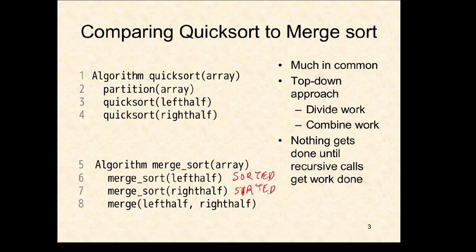Now here we've outlined the top-down approach. So the top-down approach means, how do we look at solving the problem? We look at it as, hey, here's a big thing to sort. Let's get the first half sorted and let's get the second half sorted. And then once I've finished that big picture, I can combine them into one sorted region. Now, no work actually gets done until the recursive calls happen.